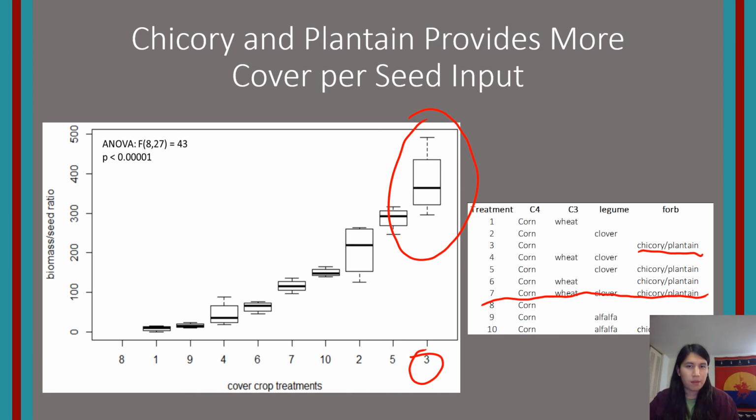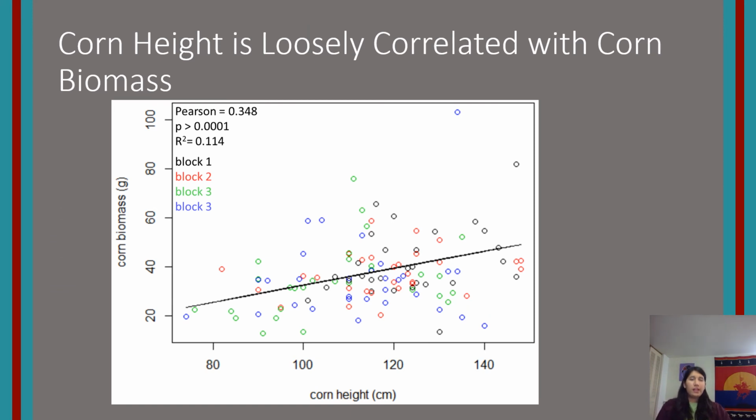Another factor we tried to take in is also how did it affect the corn. And so generally we didn't see any significant difference for corn biomass or height between any of the treatments, which is interesting because the idea behind these interseeded cover crops is, well, maybe they take away nutrients, they take away water from the plants, they compete with the plants, which to some extent is true, but in this experiment at least, we don't really see that.